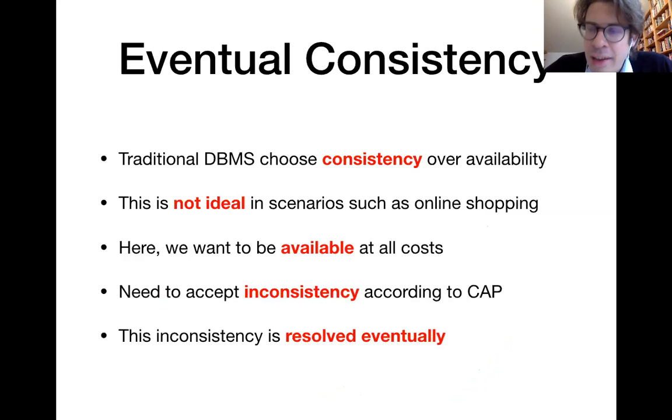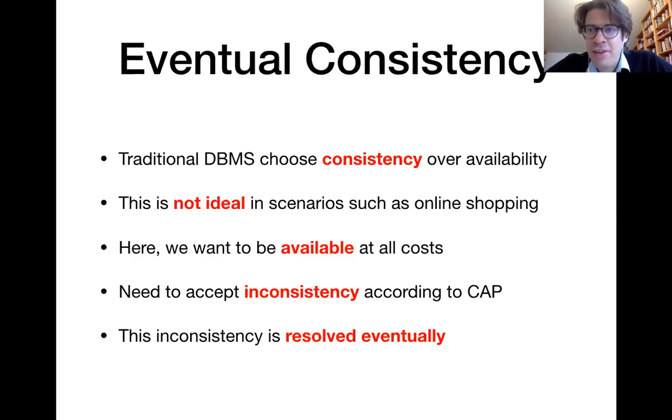Now, the class of systems that we will be discussing today provide something called eventual consistency. Eventual consistency essentially means that we don't absolutely require our data to be consistent at all times. But instead of that, what we try to achieve is that we at least become eventually consistent. So if there's no new updates to the system, then at some point, all the copies of our data will become consistent again.